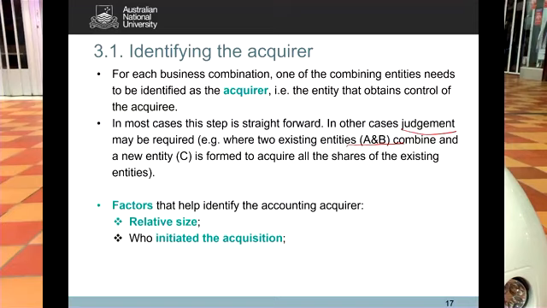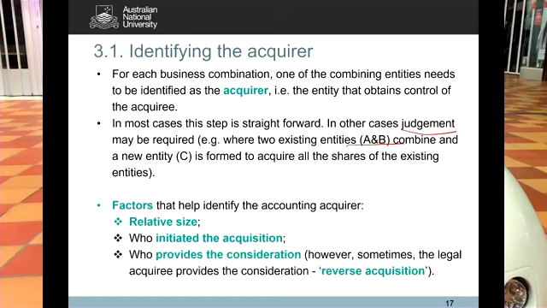All right, and who initiated the acquisition? Normally, the one who initiated the acquisition would be the controlling party, but again, it might not be the case sometimes. And who provides the consideration to another one? Normally, the one who provides consideration would be the acquirer, and the one who accepts the consideration would be the acquiree. But again, that's not always the case.